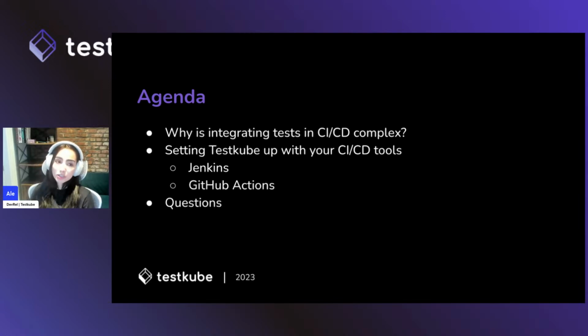That's not just limited to Jenkins and GitHub Actions. You can also use GitLab, you can use GitOps tools as well with Argo CD, Flux, and whatnot. Anything that you're using, Testkube can work with it. But in this case, just to keep things short and concise, we're going to talk about Jenkins and GitHub Actions.